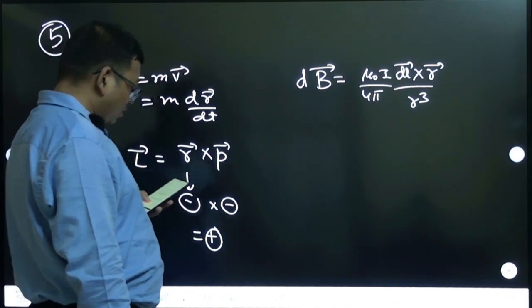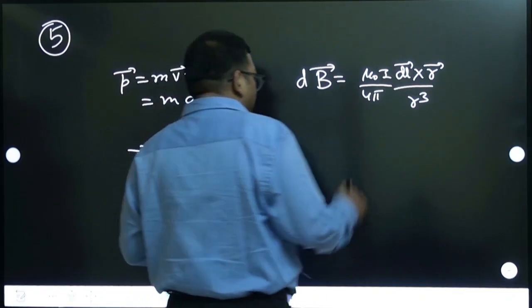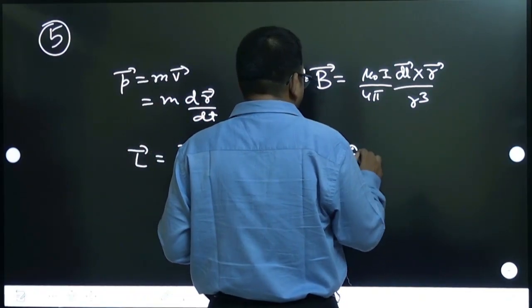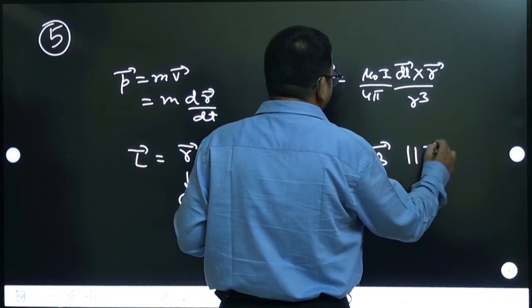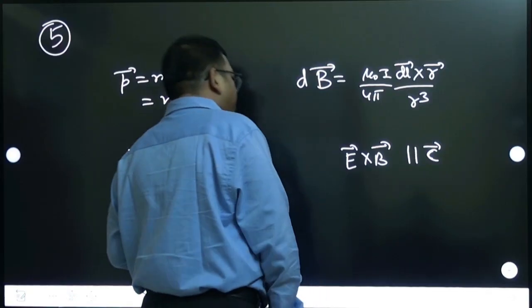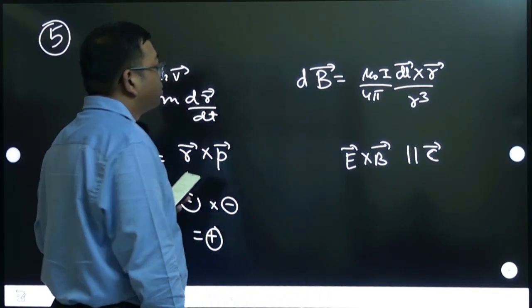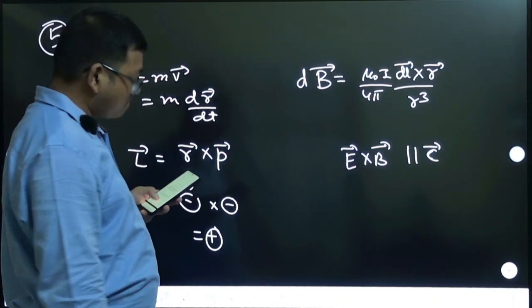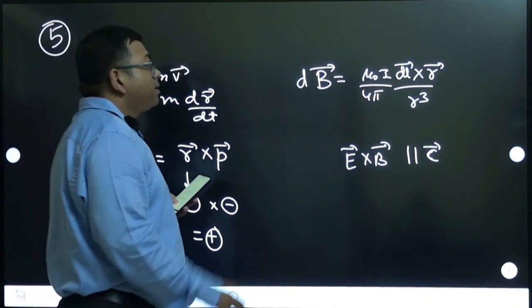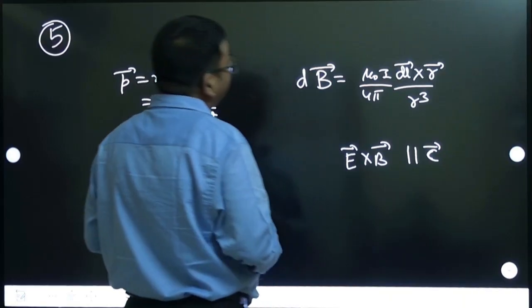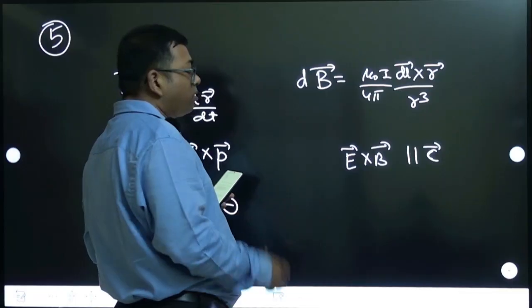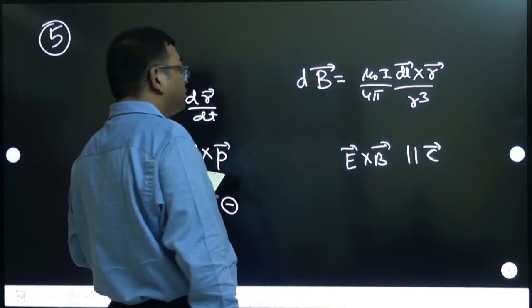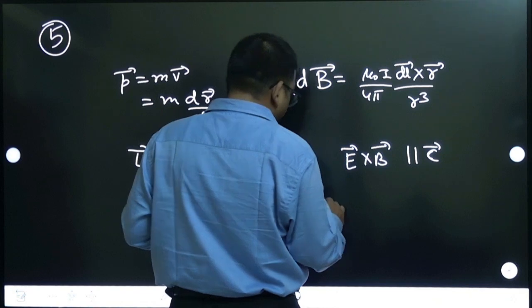And what about electric field? One thing is that E cross B vector is parallel to velocity of light, right? Magnetic field vector, how do we calculate that? Is there any direct formula to calculate magnetic field? Because for a charge we can calculate.